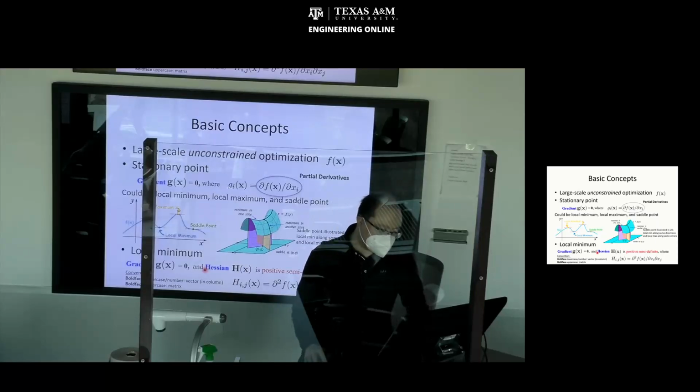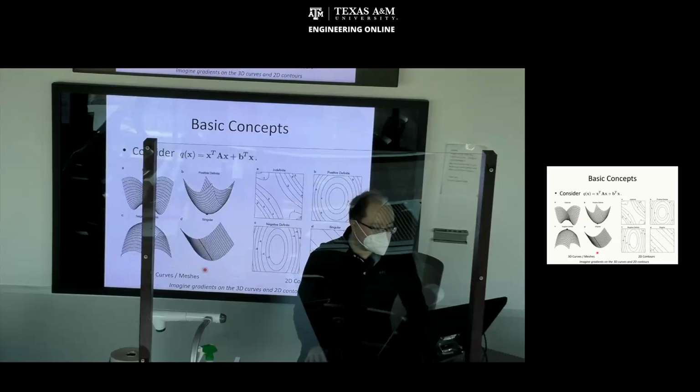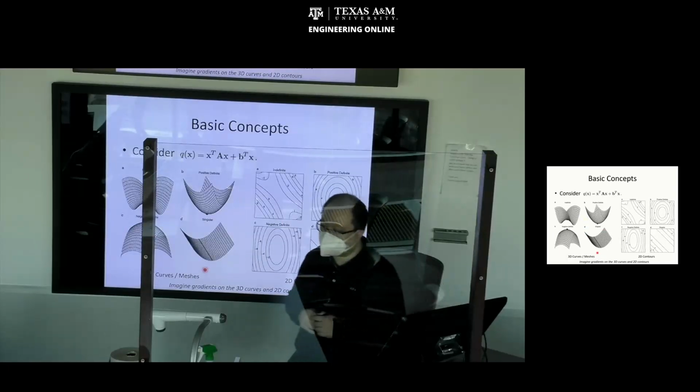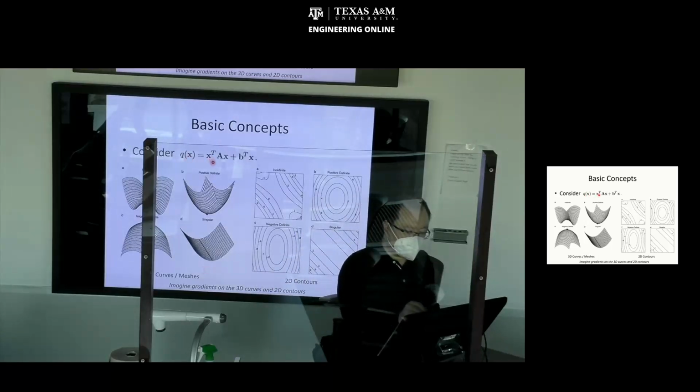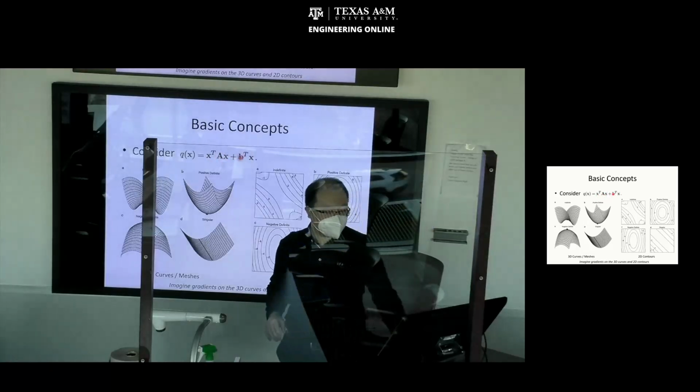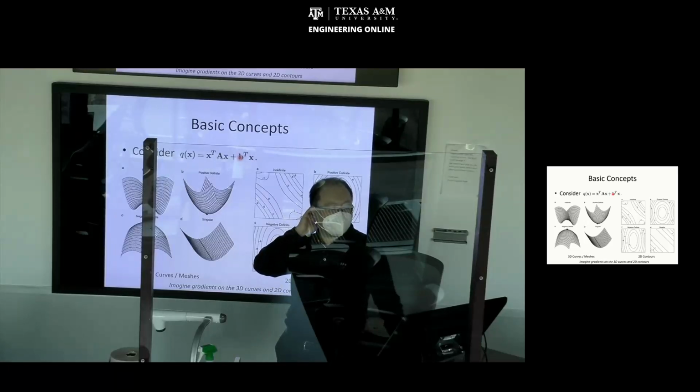Now, let's talk about how to find the local minimum. Let's first look at a very simple example, which is a quadratic function, where x, again, is a vector, and A is a matrix. So you have the quadratic term and the linear term. What is the gradient of this function q of x?